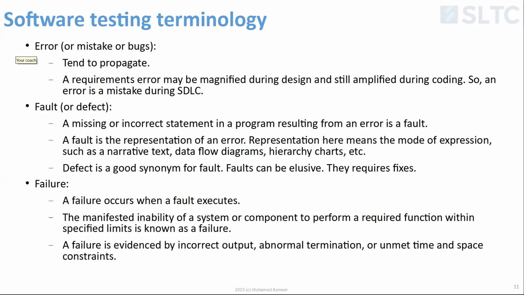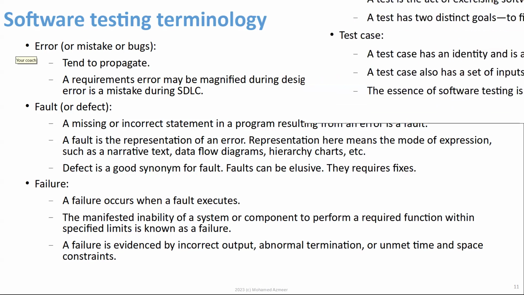It is evidenced by incorrect output, abnormal termination, or unmet time and space constraints, meaning you type something and you wait and wait and wait, and at the end, it crashes. Or it says timeout happened, right? Or it immediately stops when you type something. Or the output is wrong. These are all what we call failures.